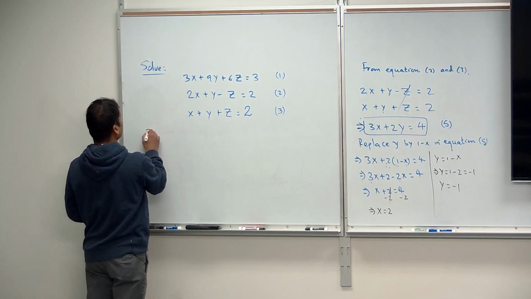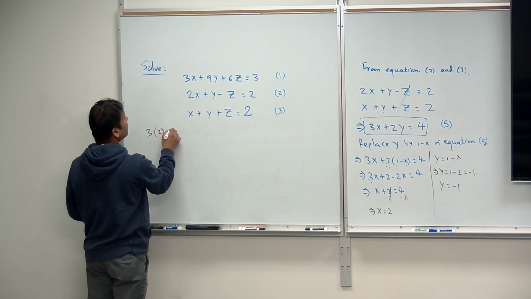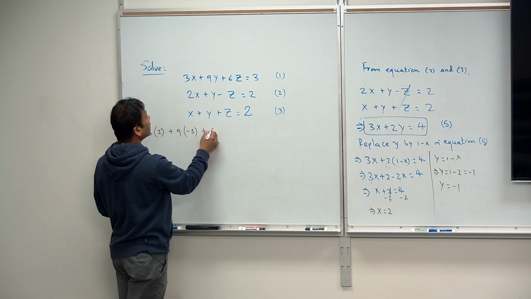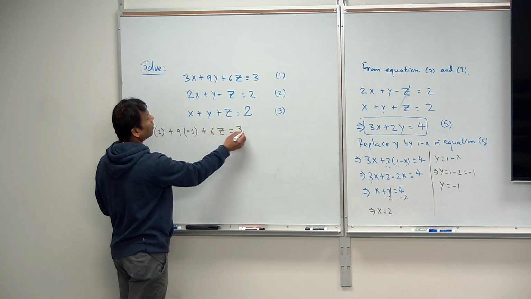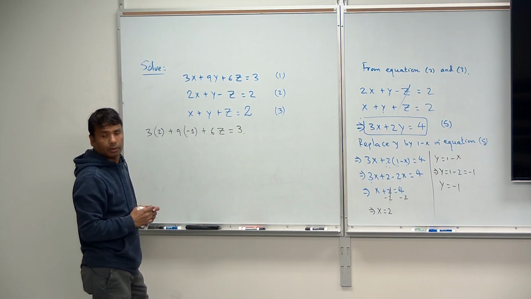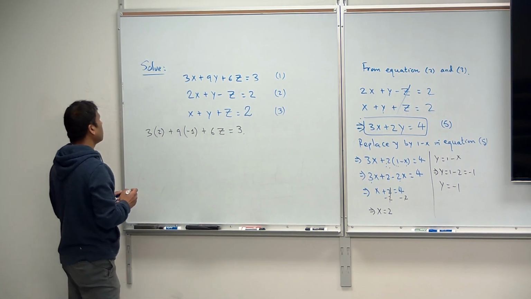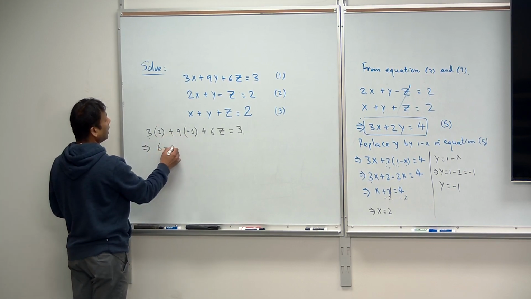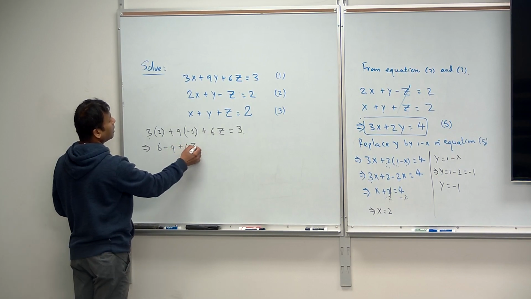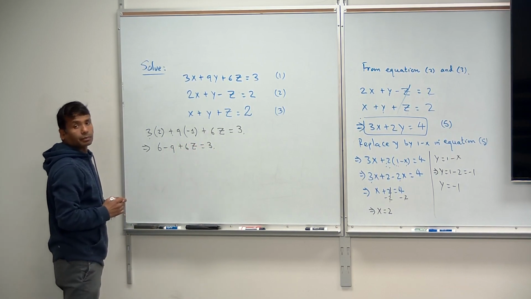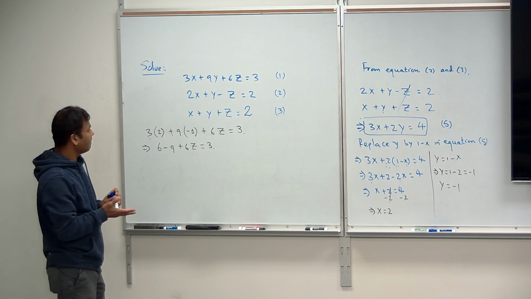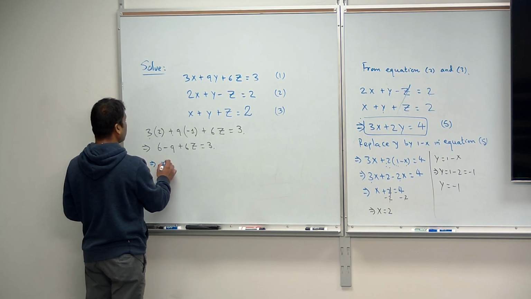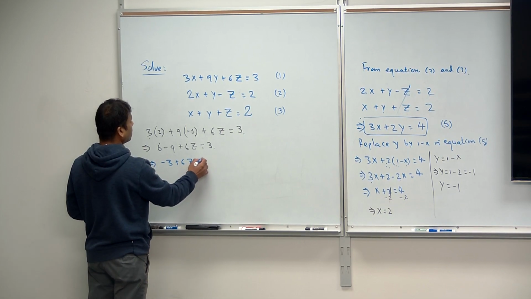Let's do equation 1. 3 times 2 plus 9 times -1 plus 6 times z equals 3. So 3 times 2 is 6, 9 times -1 is -9, plus 6z equals 3. Make sense? So 6 minus 9 is -3, plus 6z equals 3.